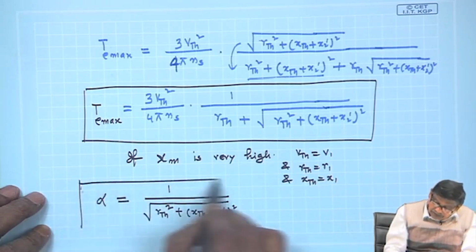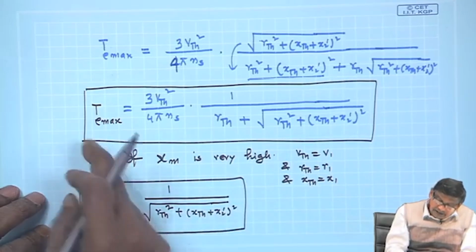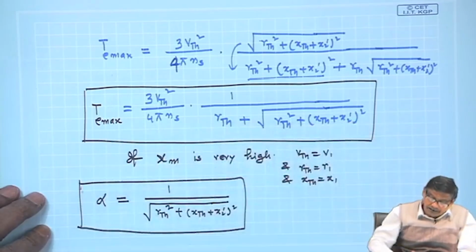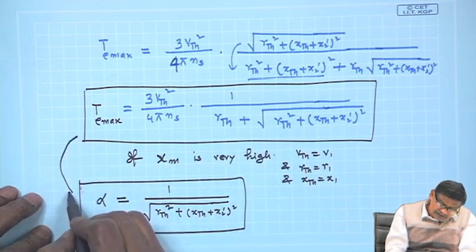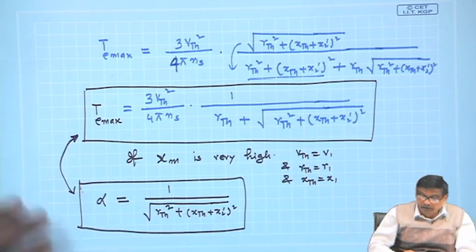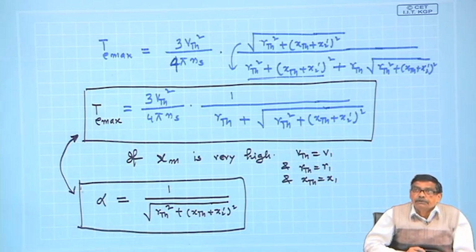This is the slip at which maximum torque occurs and this is the value of electromagnetic torque. So, these are the two most important formulas of a 3-phase induction motor.